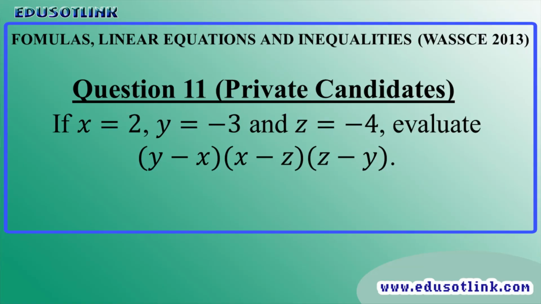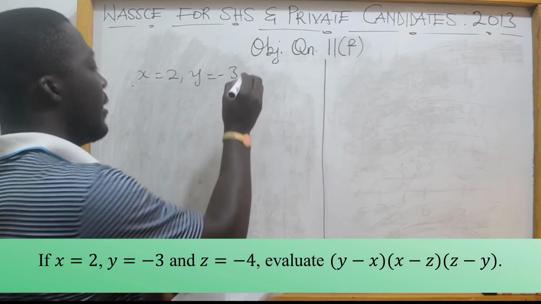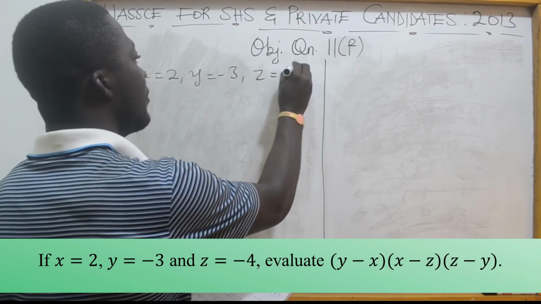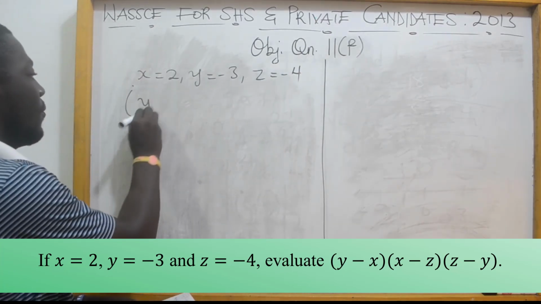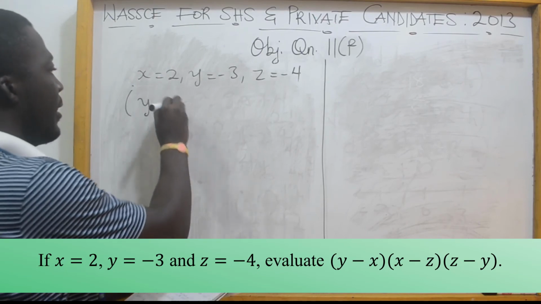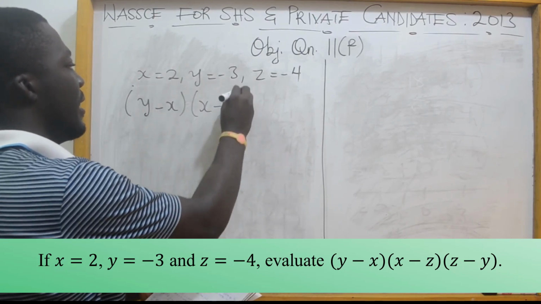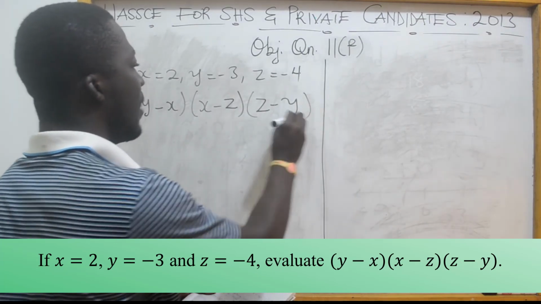Objective question 11 for private candidates. If x is equal to 2, y is equal to -3, and z is equal to -4, you have to evaluate y minus x, x minus z, and z minus y.